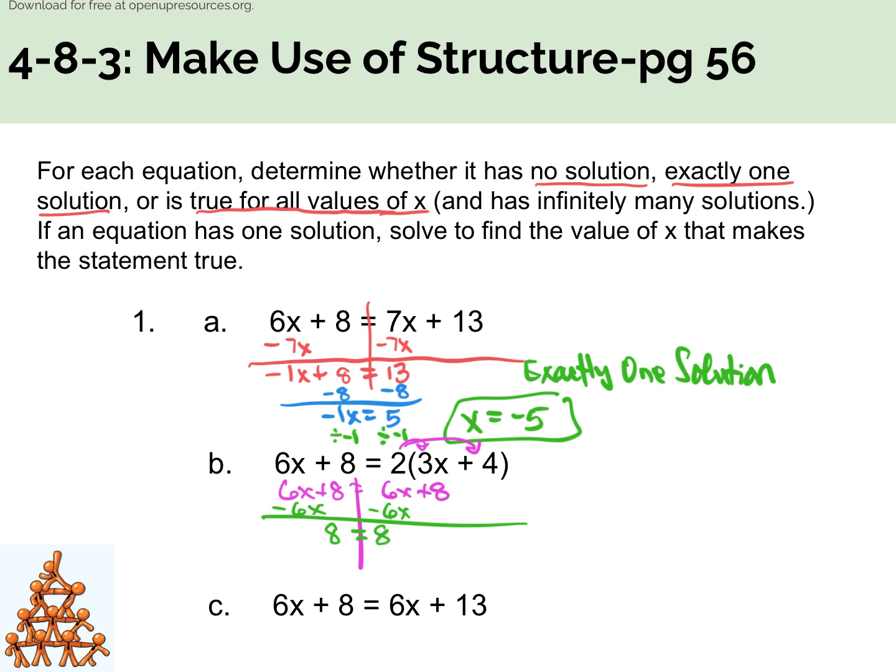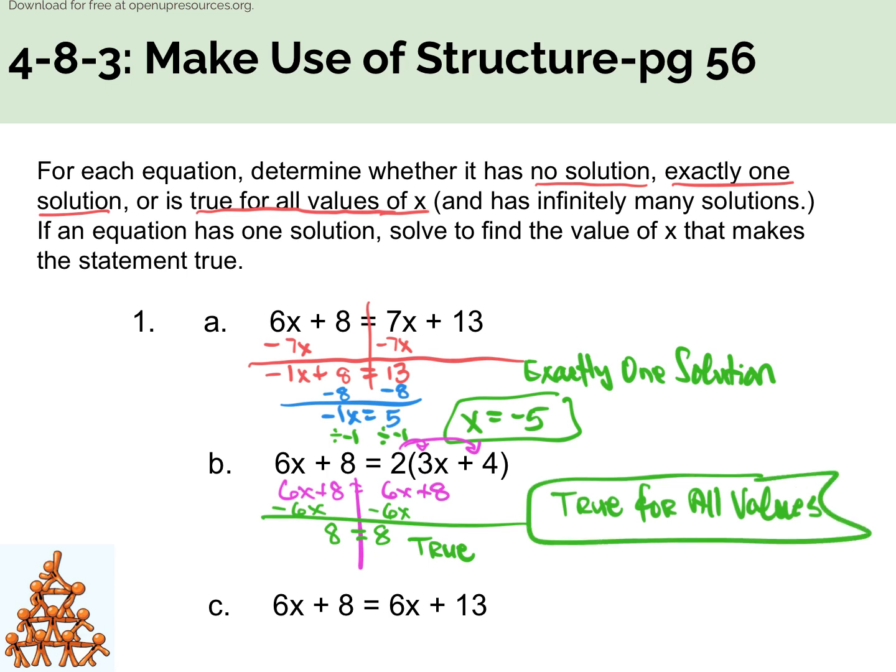You might have a different statement than mine, but if it still reads true, because 8 equals 8, this is true, then what is my answer? It is true for all values. All right, so it's not just true. Okay, it's true for all values.